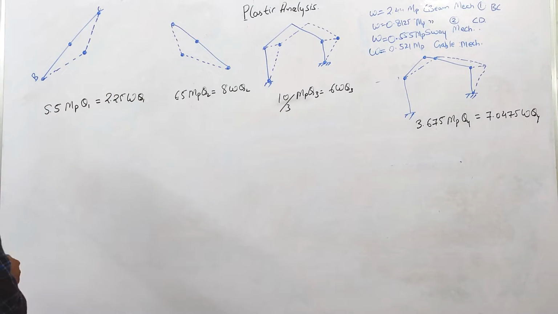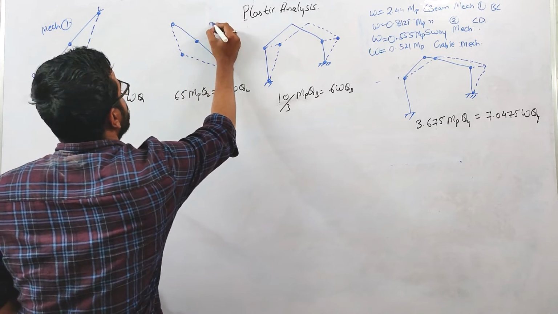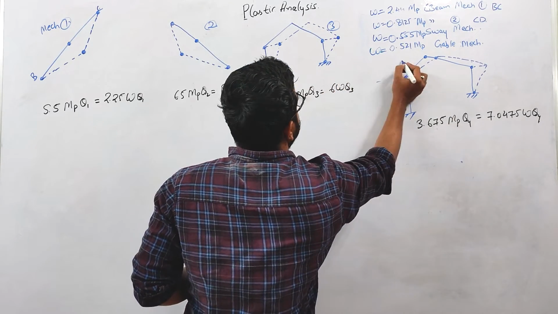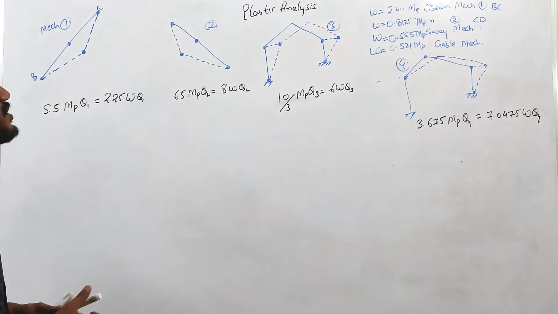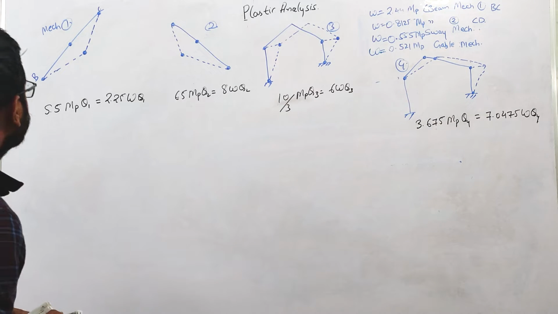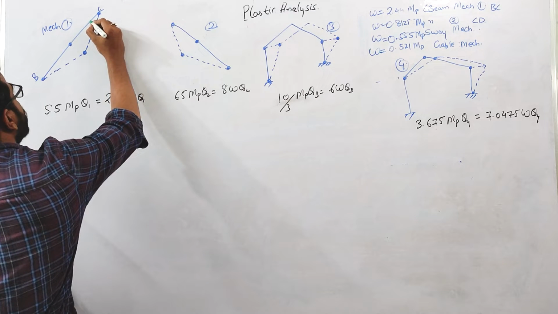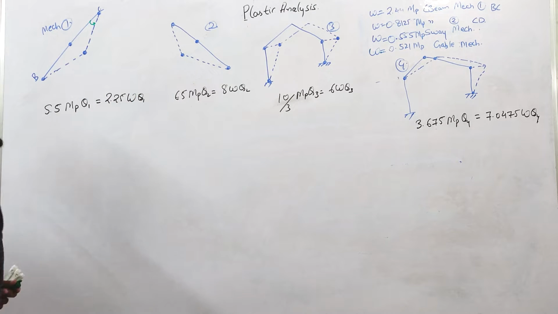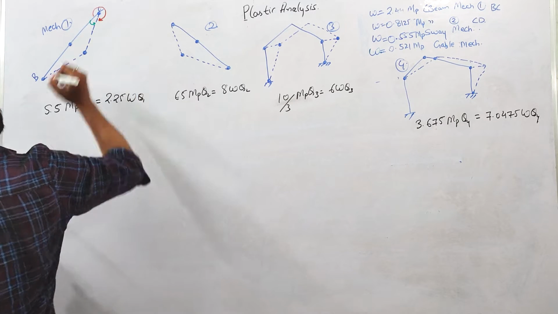Okay. So let us suppose this is mechanism 1, this is 2, this is 3, and this is 4. Okay. So the first step is to assign a sign to the rotation. As you can see, this member is rotated in which direction? In anti-clockwise direction, right? Now, the plastic moment will act opposite to this direction. This will be clockwise.